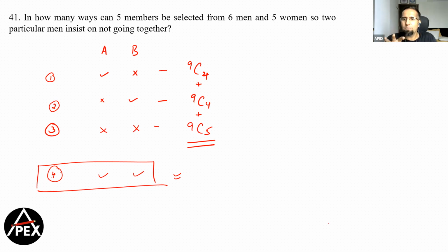I am identifying B, right? B is not in our group. So from 11, two have gone, right? You are correct, B is not there in the group. But have you identified B? Yes, you have identified B. Clear, guys?